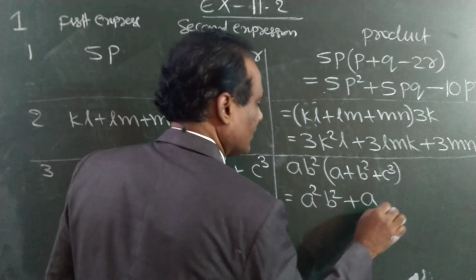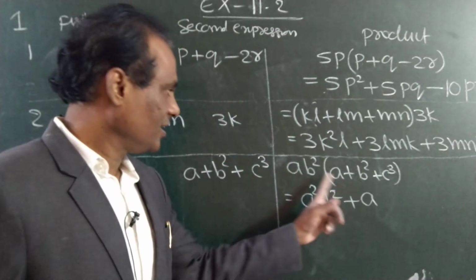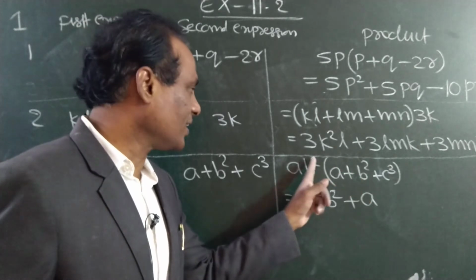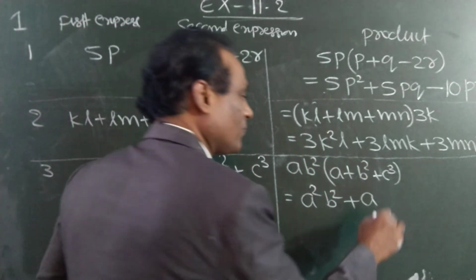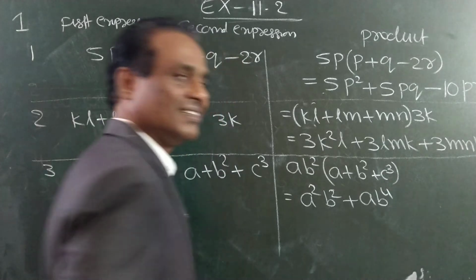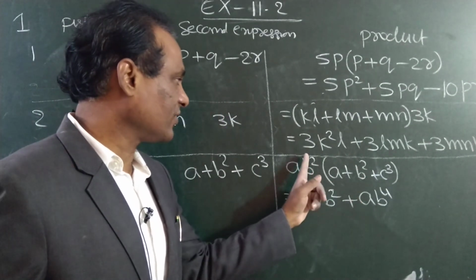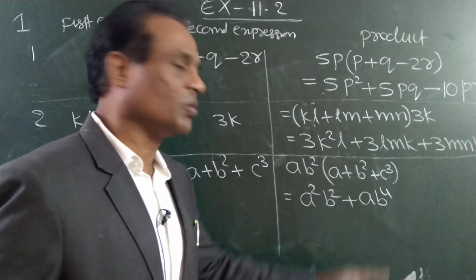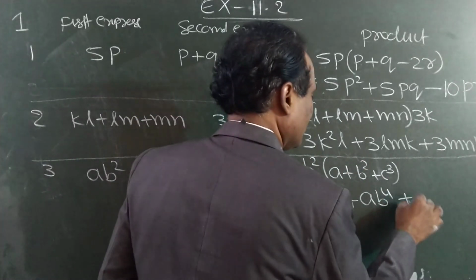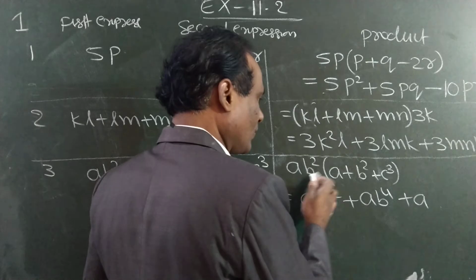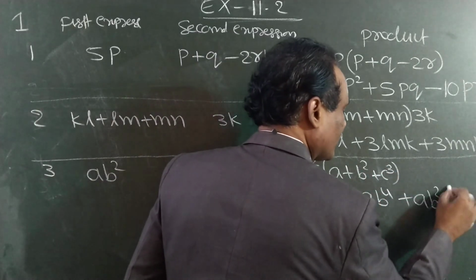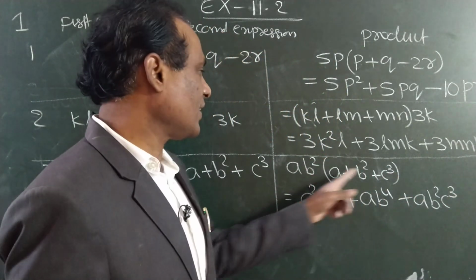B square into B square: bases are same in multiplication, powers are added, 2 plus 2, 4, B power 4. A B square into C cube, same, we can't simplify because the bases are not same.